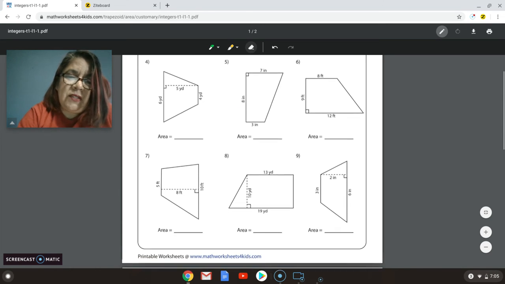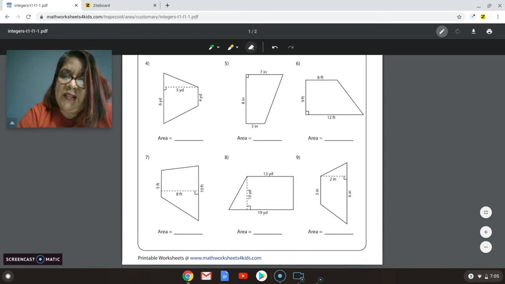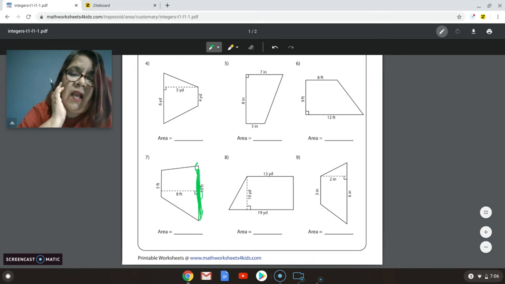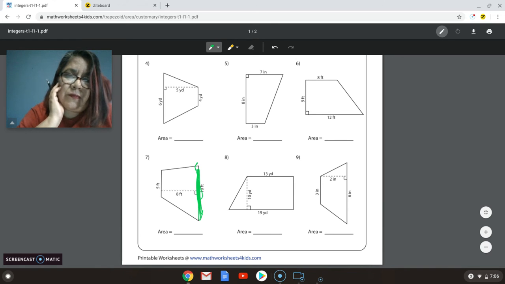How about question number 7? On question number 7, is this the base or the height of my trapezoid?